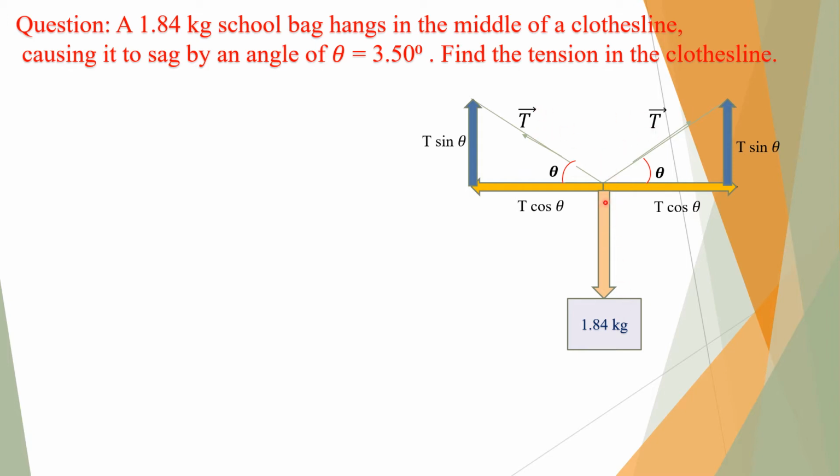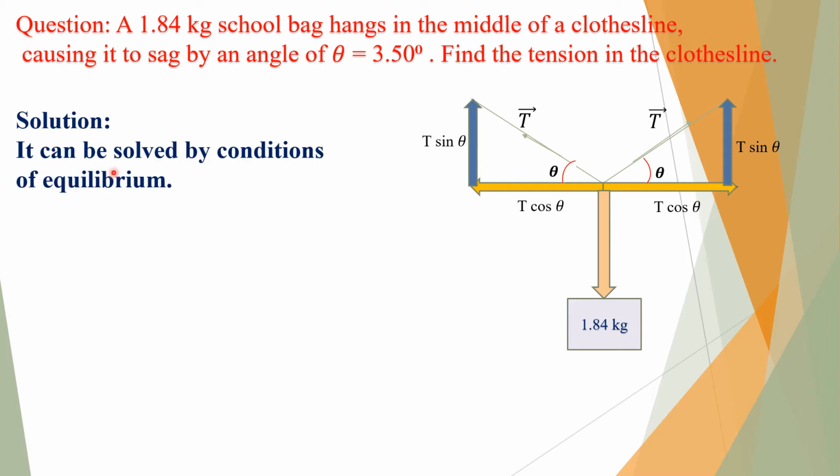Due to this weight, there is tension in this clothesline, and because tension is a vector, so we can have its components. It has two components along x-axis and along y-axis. Along x-axis, its component is T cos theta, and along y-axis its component is T sine theta.